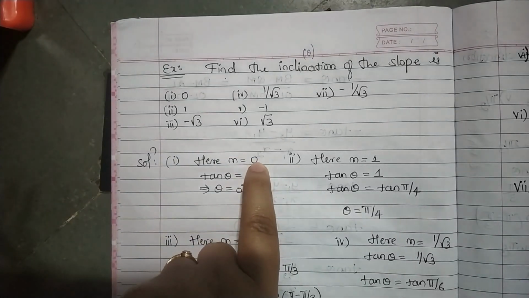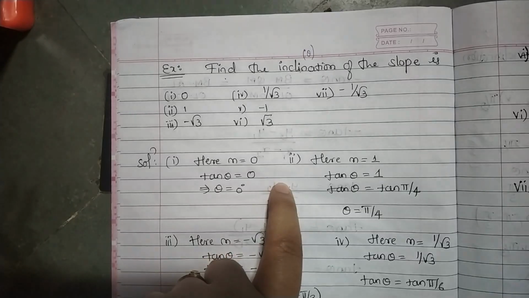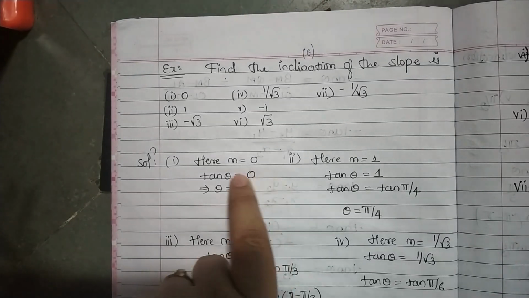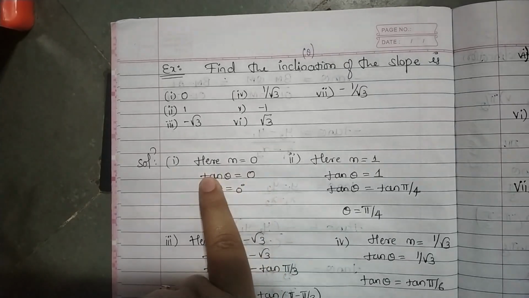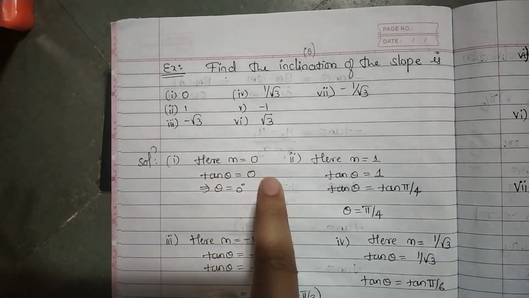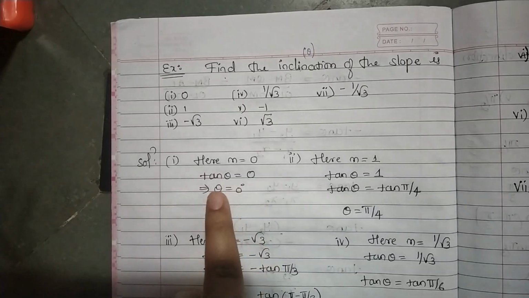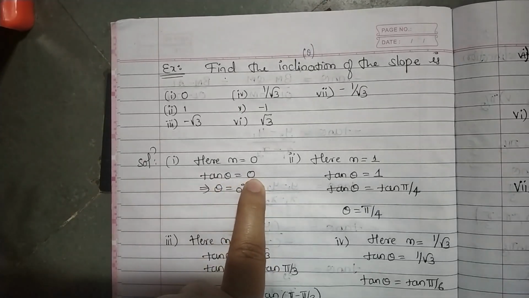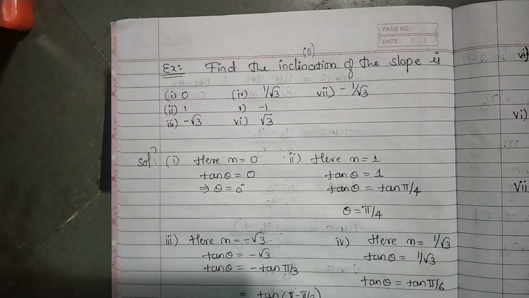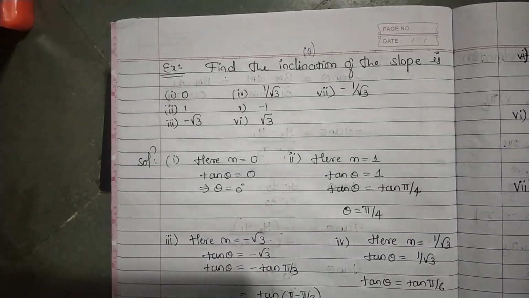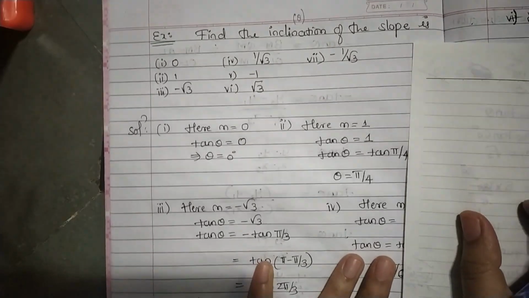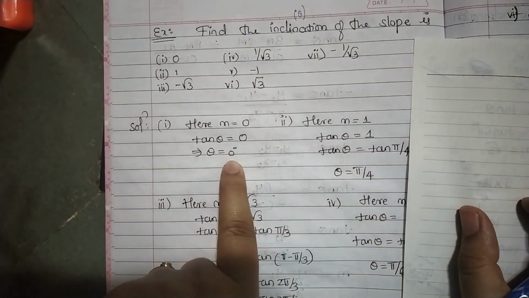Therefore we are going to take the formula m is equal to tan theta. m is 0, so tan theta is equal to 0. For what angle is the tan value 0? That is 0 degree. Therefore it is 0 degree.